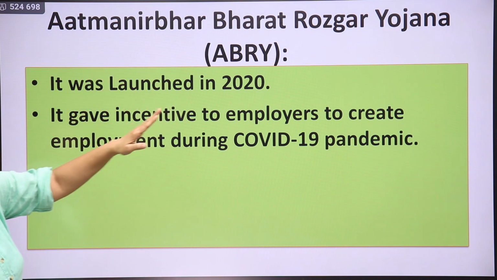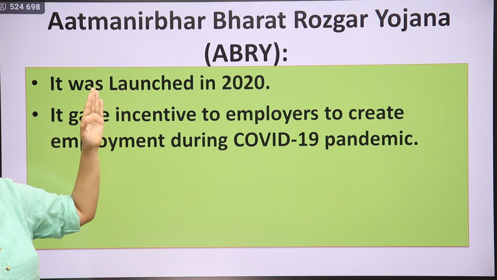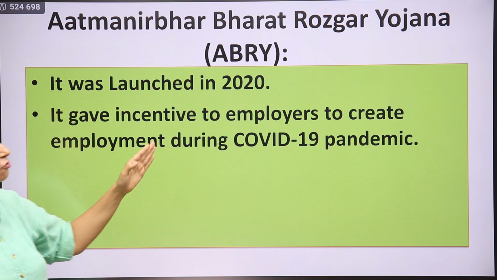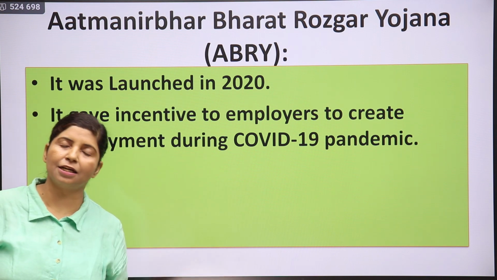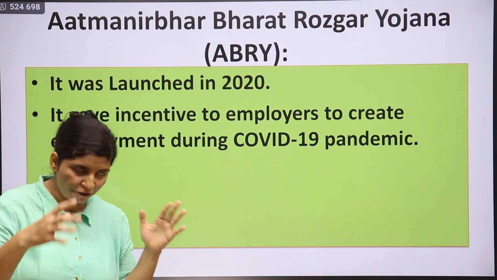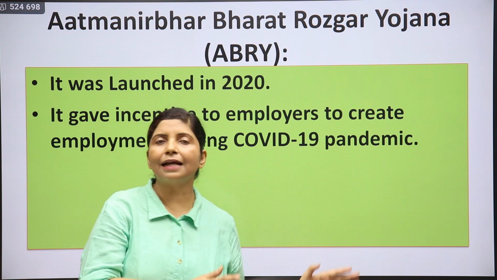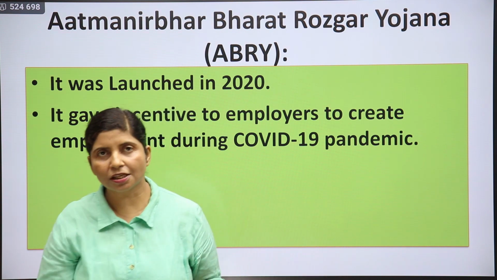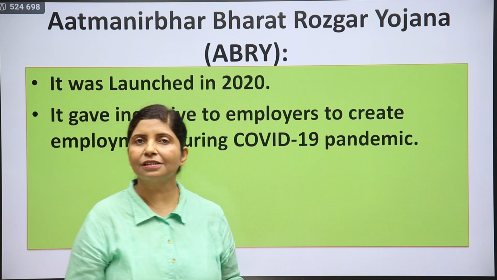Atmanirbhar Bharat Yojana. It was launched by the government in 2020. It gave incentives to employers to create employment during the COVID-19 pandemic. It is very important. See, if you have a factory, if you have an organization, and at that time people incurred huge losses during COVID-19 because markets were not operational and nothing was selling.